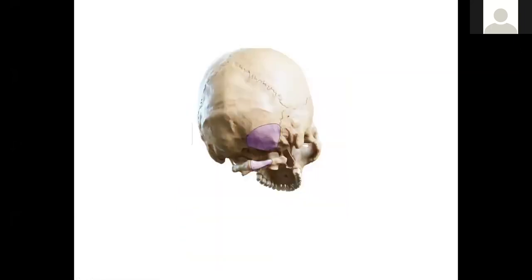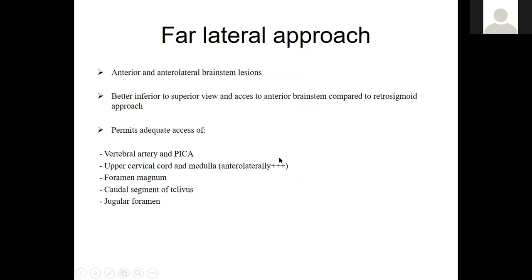And here we have an image that depicts the locations, the orientation of the far lateral approach. As we said, we have a resection of part of the suboccipital bone and a resection of the posterior arc of the C1 vertebra.